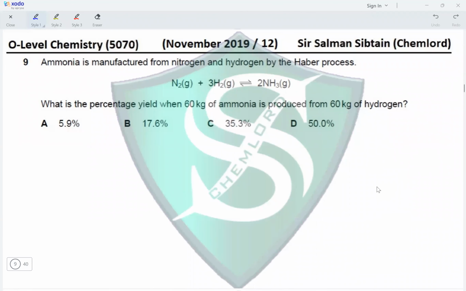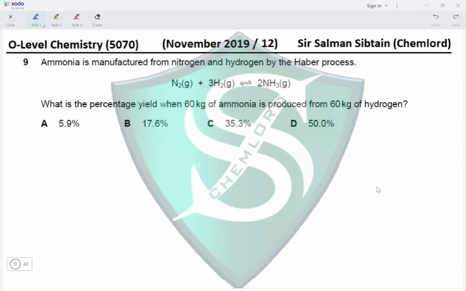Question 9. Ammonia is manufactured from nitrogen and hydrogen by the Haber process. What is the percentage yield when 60 kg of ammonia is produced from 60 kg of hydrogen? Okay, now in this case, we have nitrogen reacting with 3 moles of hydrogen producing 2 moles of ammonia.